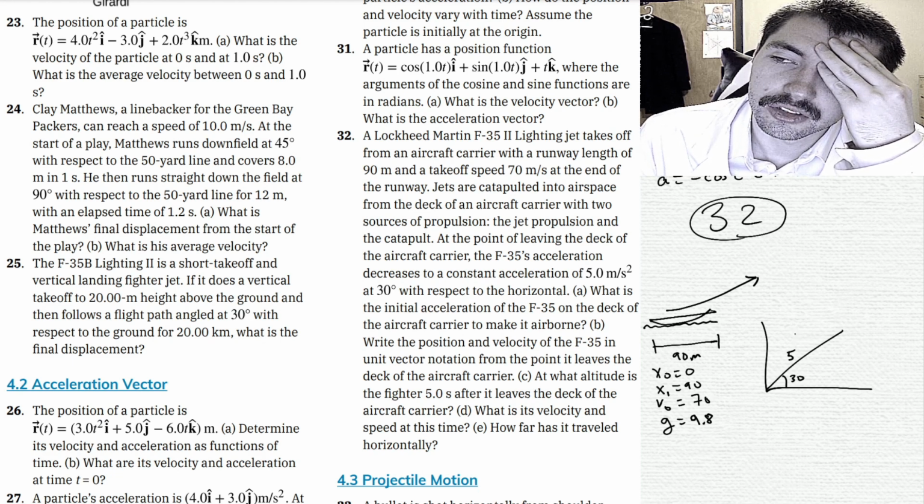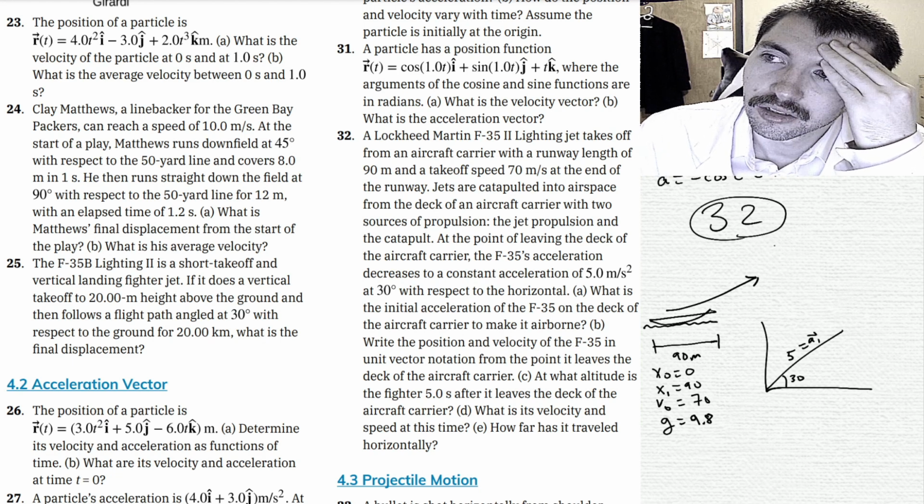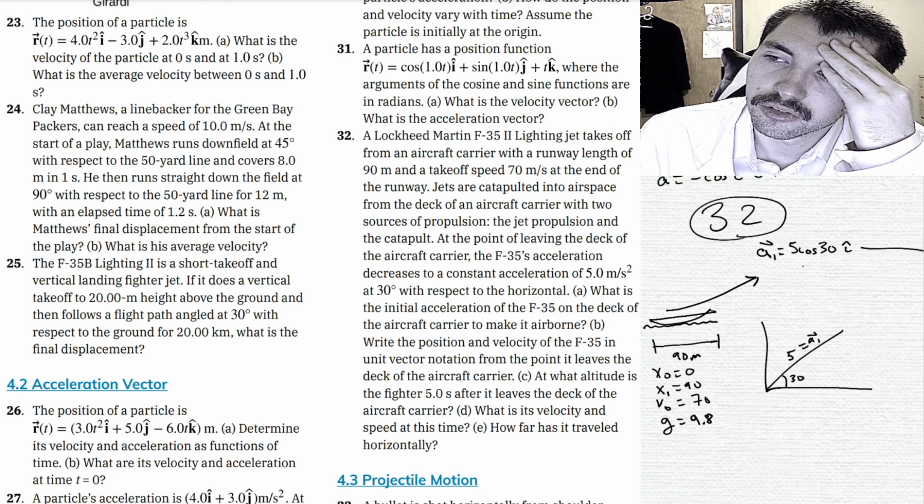So if this is A1, then we write A1 is 5 cosine 30 i, and we don't care about the y.